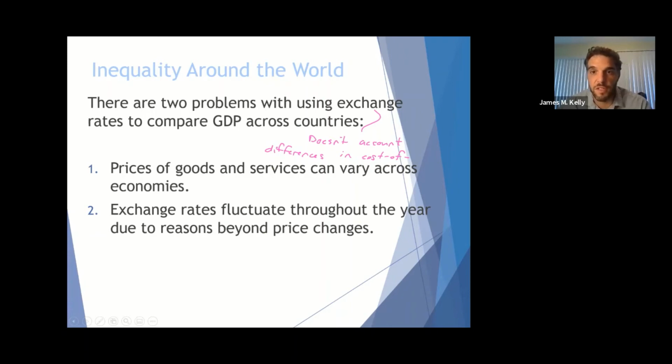It doesn't account for differences in cost of living across countries. Okay.